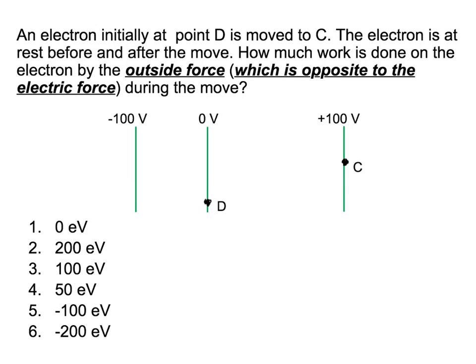Okay, the correct reasoning here is to use the equation W_F equals Q delta V plus delta K. Now, because the object is at rest before and after the move, the change in kinetic energy is 0.